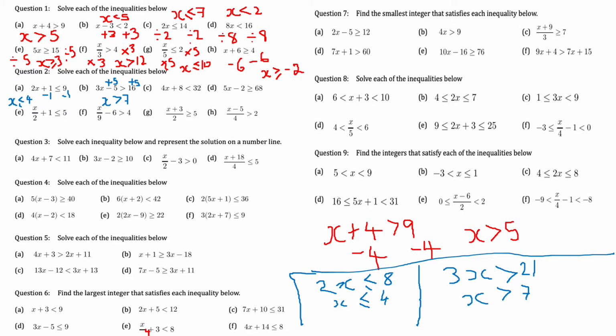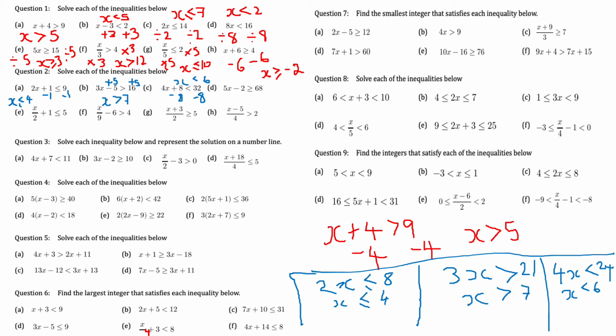For part C, 4x plus 8 is less than 32. Subtracting 8 on both sides, I get that 4x is less than 24. Dividing both sides by 4, we get that x is less than 6 for part C. So x is less than 6, guys.